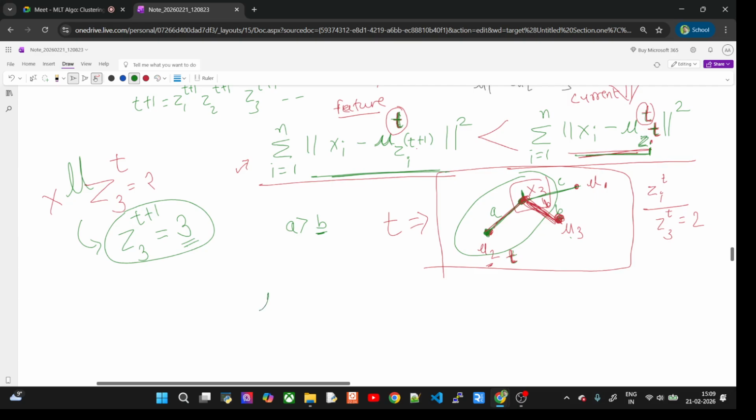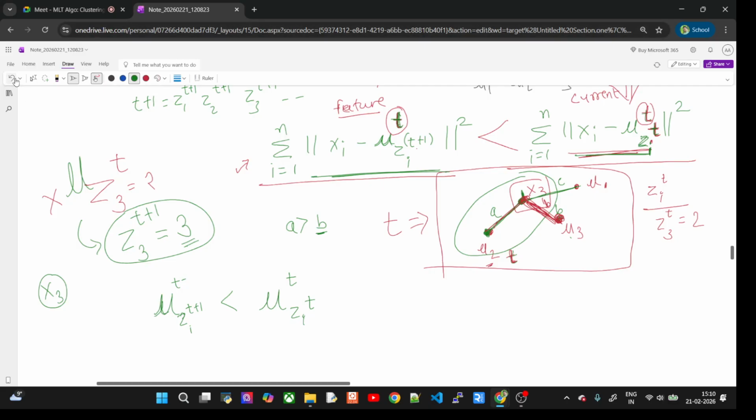So mean of your current iteration t is greater than your mean of the point, whichever the point x3 is there, x's distance from your mean 3. It's like here I did t plus 1 of t plus 1. Okay, no, sorry, this should be t.